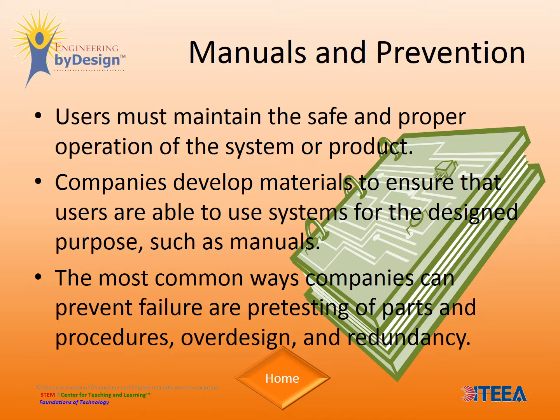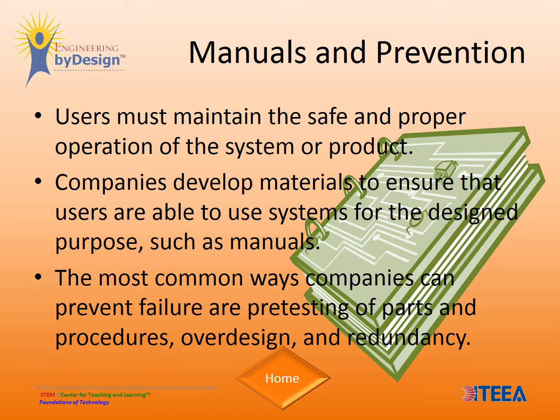Companies develop materials to ensure that users are able to use the systems for the designed purpose, such as manuals. And you probably would not want to use something like glass when you're putting, say, 50 pounds of weight on that. Glass is not going to work. It'll break prior to 50 pounds. So consider the right materials.